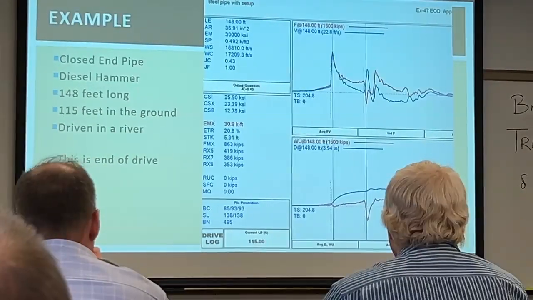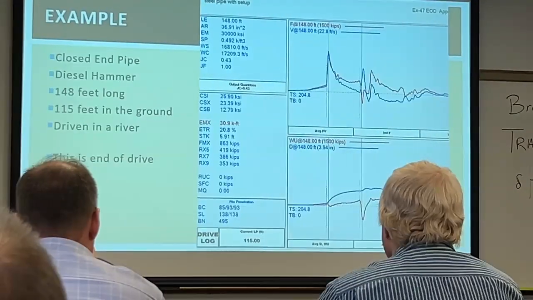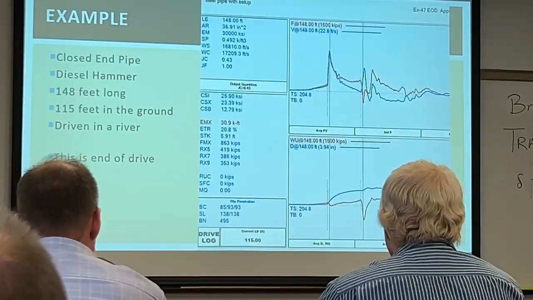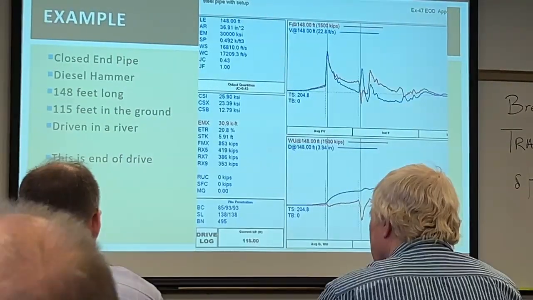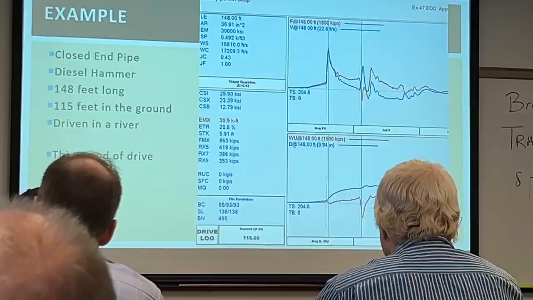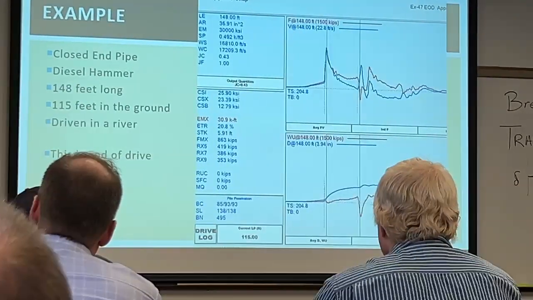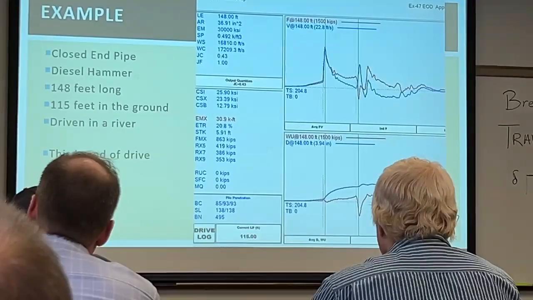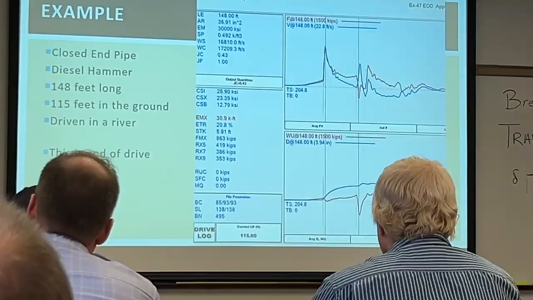And so a more common way of doing superposition, instead of the crazy one from the long one that we're looking at here, is to just take the end bearing in rock from end of drive and add shaft resistance with an under mobilized toe from the beginning of restrike, and that gives us a chance to squeeze out a little more resistance if we need it.